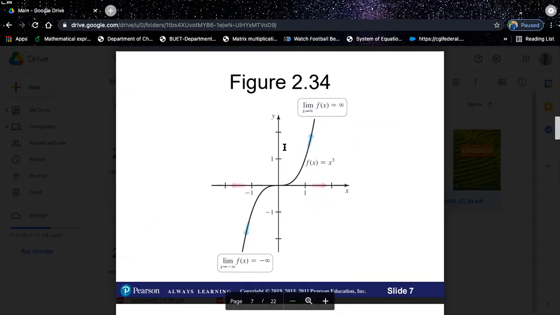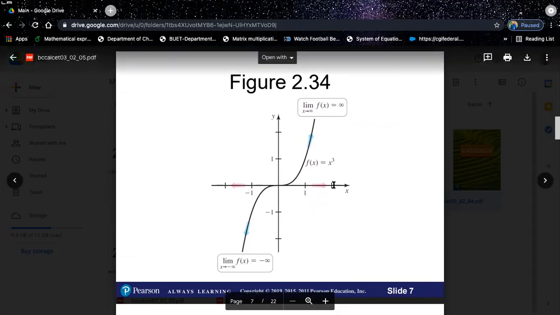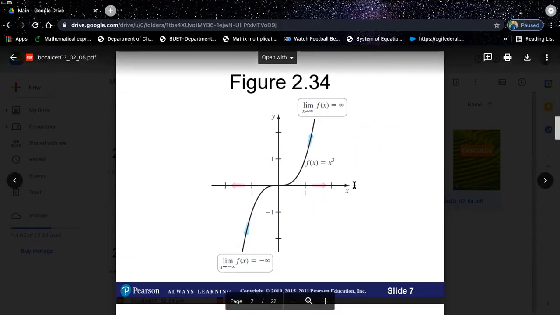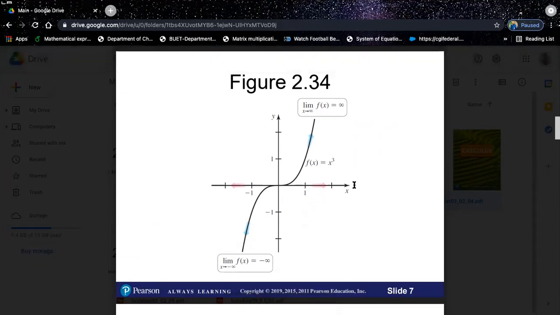Okay, now why do you have a graph like this where you can't really see any asymptote? This is a graph of x cubed.